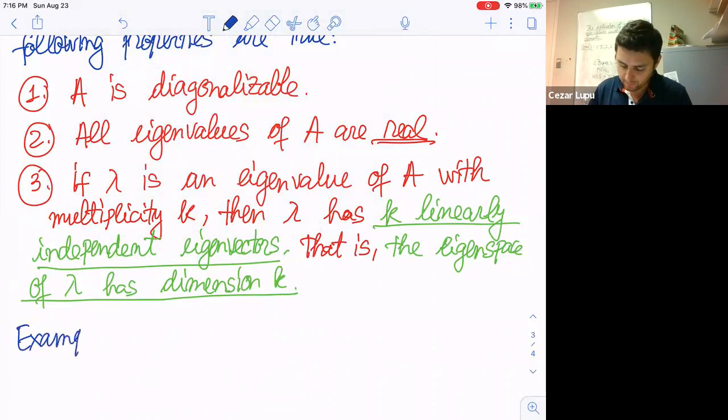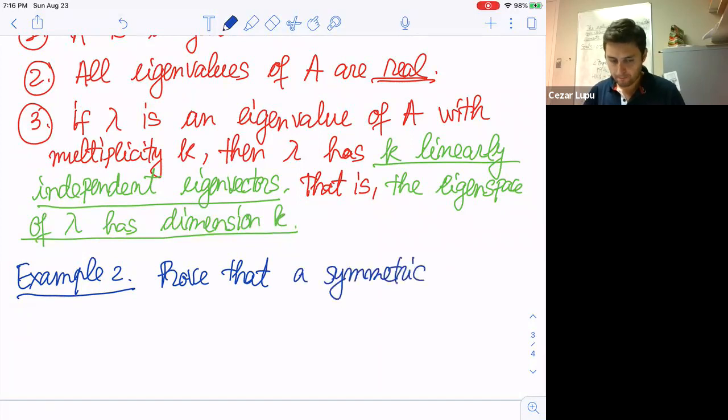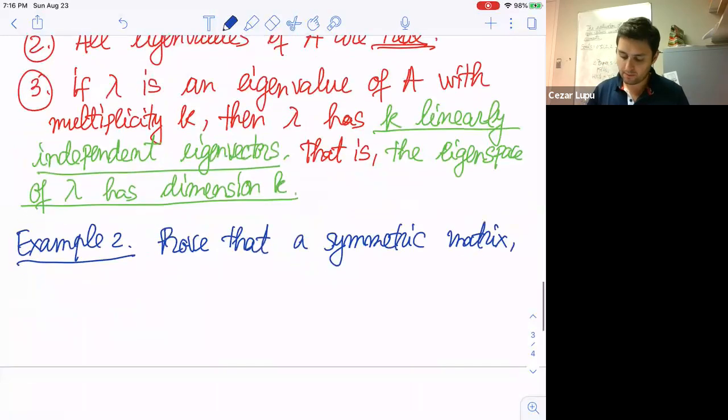Example 2. Well, we will prove that. So let's actually write it. Prove that a symmetric matrix, and like I said, it's going to be a 2 by 2 symmetric matrix.